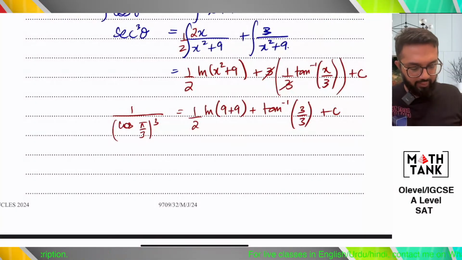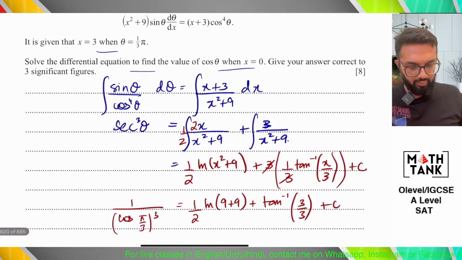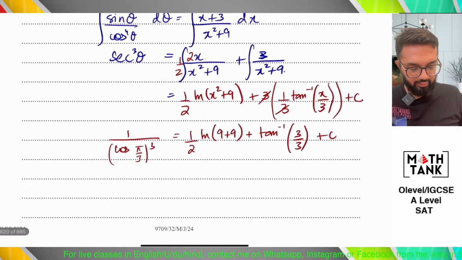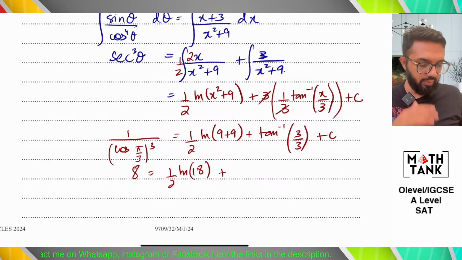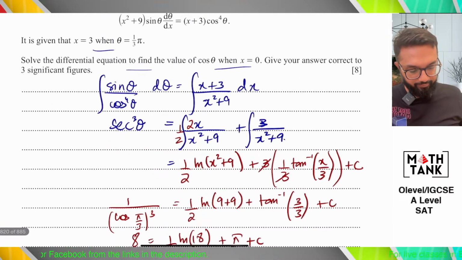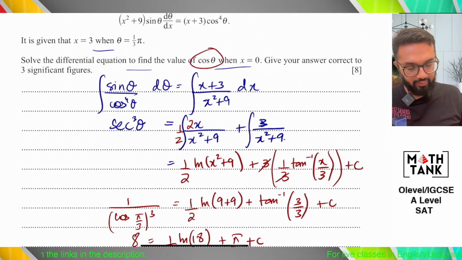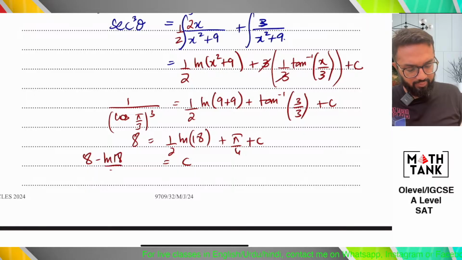That's half, I think. Half cubed is 1 over 8, so 8, half ln 18, tan inverse of 1 is pi over 4, plus c. C is 8 minus ln 18 over 2 minus pi over 4.